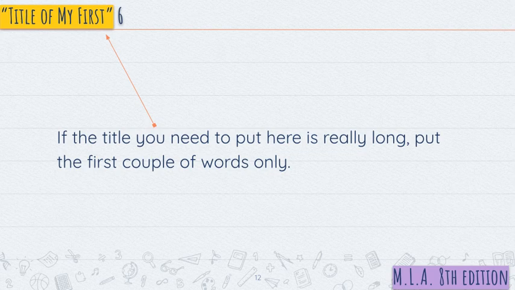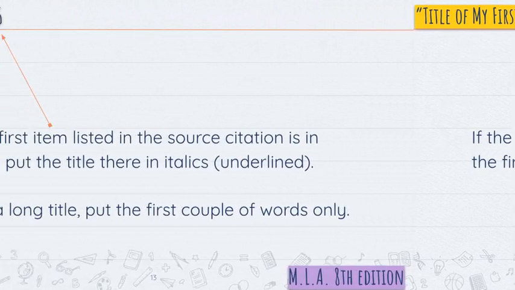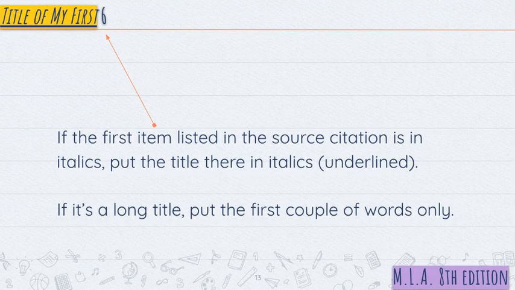And again, keep those in quotation marks if they're in quotation marks in your works cited entry. If that first piece of information in your works cited entry is in italics, put that title there in the upper left-hand corner in italics or underline it if you're handwriting. And again, if it's a long title, put the first couple of words only in that upper left-hand corner.